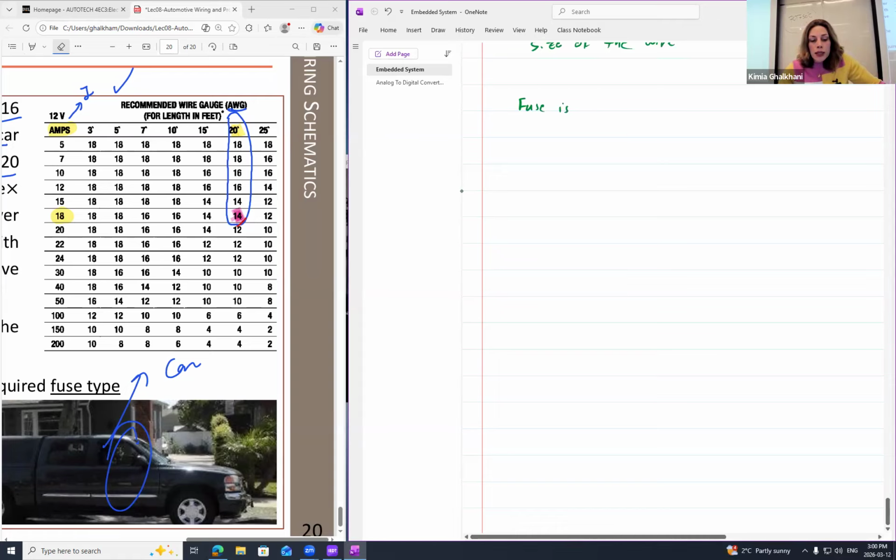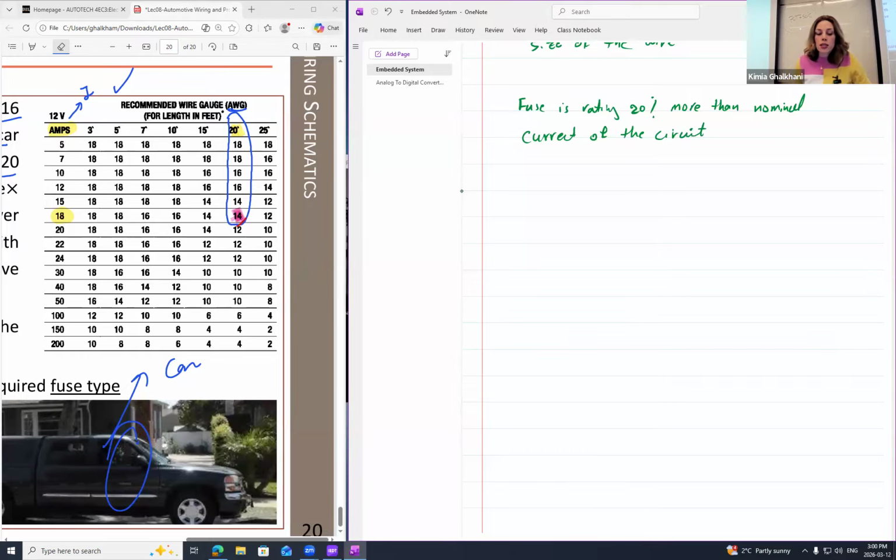Fuse is rated 20% more than the nominal current of the circuit. Keep it in mind, always. For any application, this is the rule.